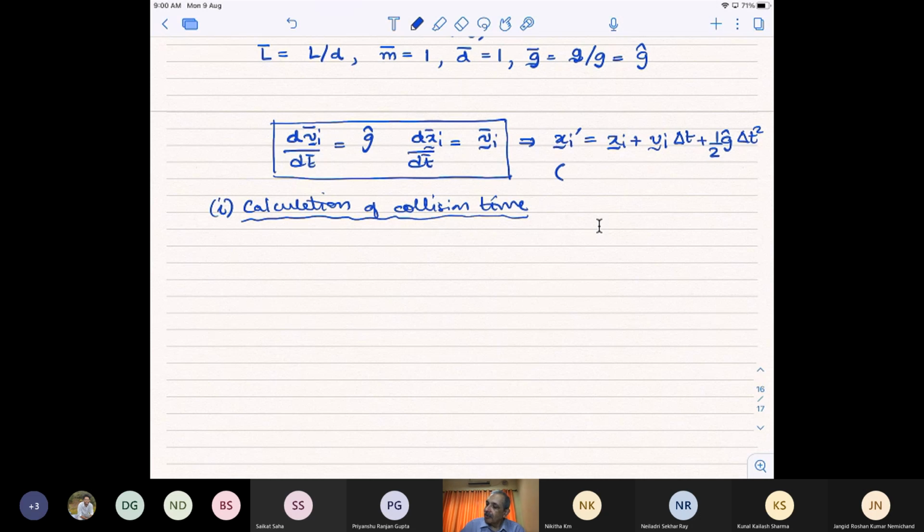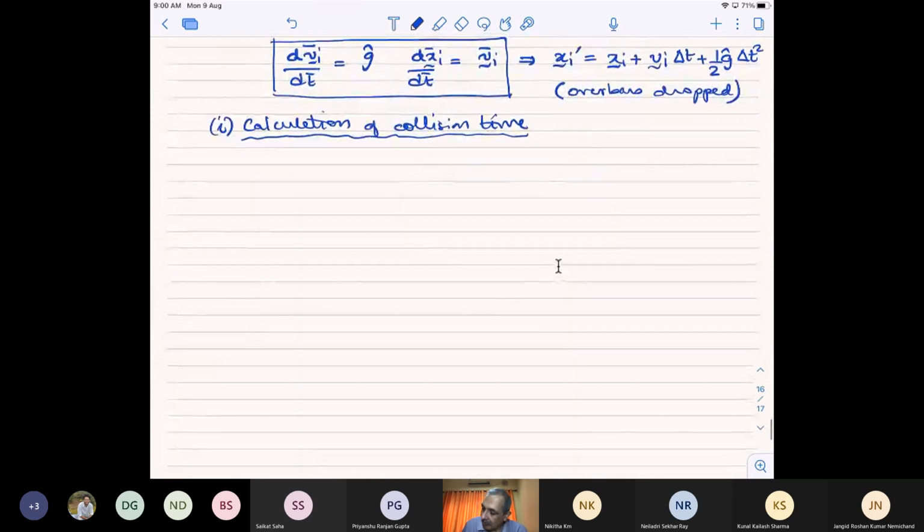Here, though these variables are dimensionless, the over bars have been dropped because there's no point writing them. We know everything is dimensionless, so from now on I'll not write over bars. You can just assume that it's dimensionless. So now if we know this, then what is the condition for collision?